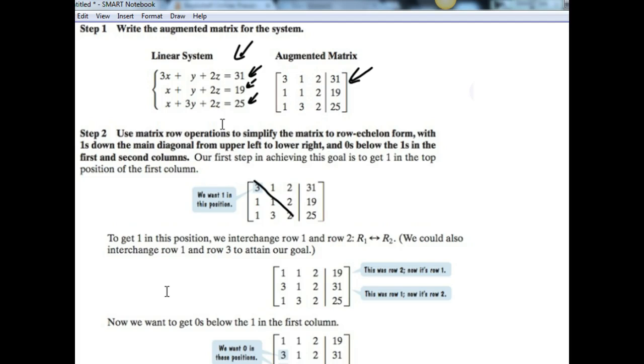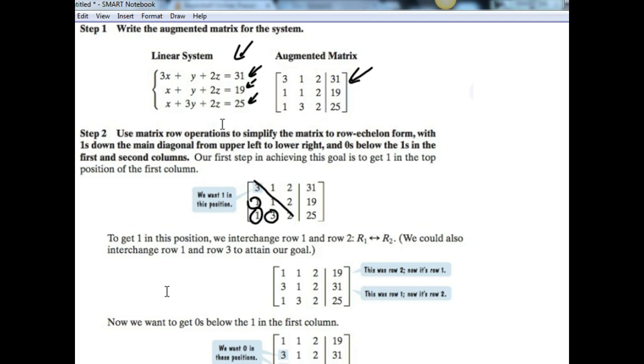What you're trying to get in it is ones, one in every one of those particular columns. And you want zeros below the ones in the first and second column. So in the first column, we're going to try to get this to be a 0 and this to be a 0, and in the second column, we need this one to be a 0 for this method to work.